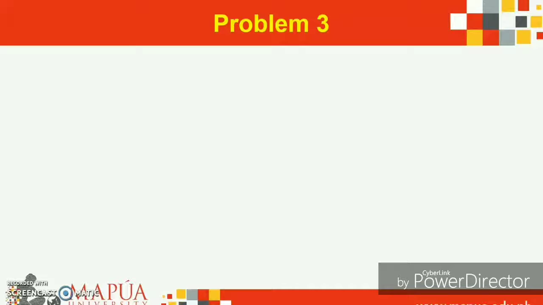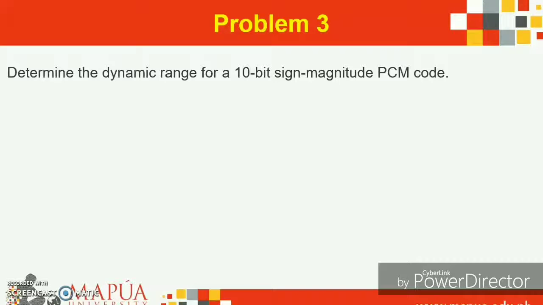Problem number 3 is to determine the dynamic range for a 10-bit sign magnitude PCM code. So first, the dynamic range is given by 20 log of 2 raised to n, where n is the number of bits in the sign magnitude PCM code.